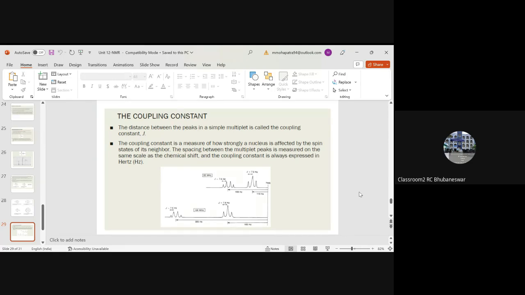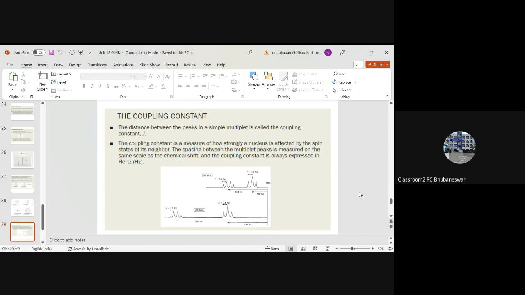The spacing between the multiplet peaks is measured on the same scale as the chemical shift. Chemical shift is measured in a different way; you can predict the shielding and deshielding effect, and here the coupling constant is a measure of how strongly a nucleus is affected by the spin state of its neighbor, how the neighbor effect plays a role. That information we can get from the coupling constant.